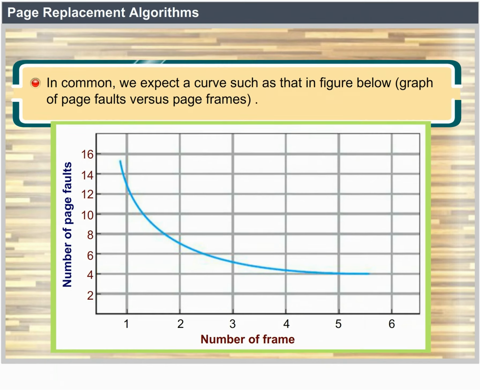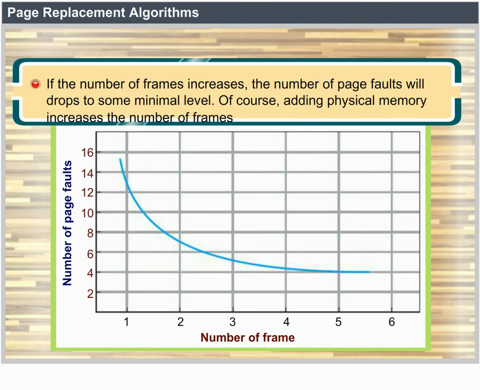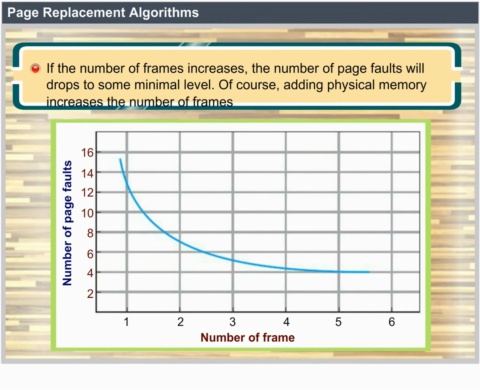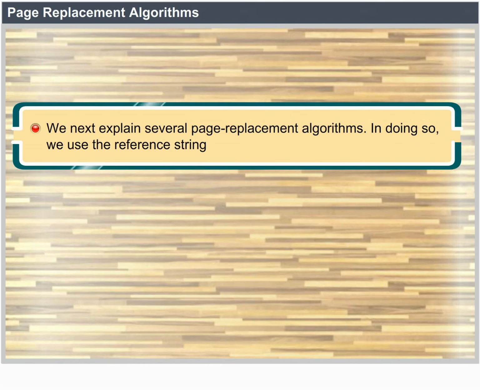In general, we expect a curve such as that in the figure below, a graph of page faults versus page frames. As the number of frames increases, the number of page faults drops to some minimal level. Of course, adding physical memory increases the number of frames. We next illustrate several page replacement algorithms.